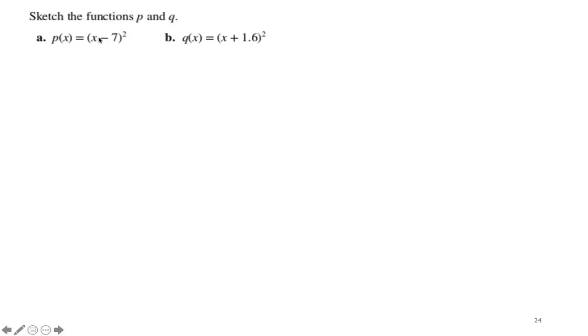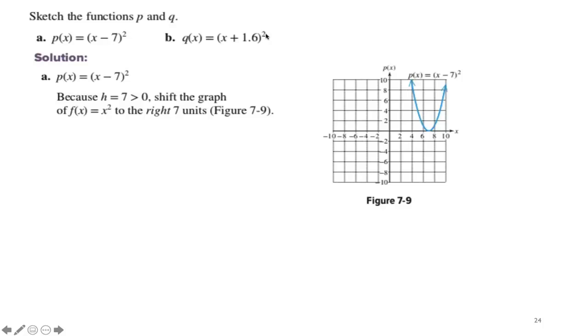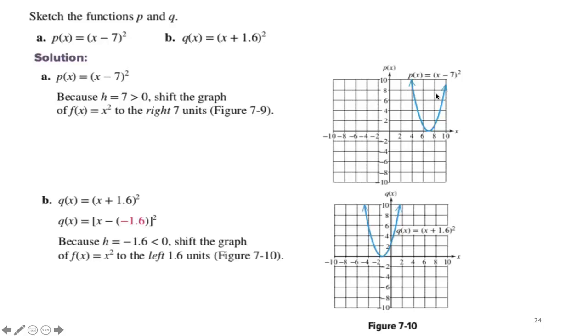Take x minus 7 squared and x plus 1.6 squared. I take the original function, x squared, and move it right by 7. If it's minus 7, I go to the right side; it's opposite. So x squared normally is like this, and I move it to the right by 7. In the other case, if this is a plus, then I'm actually moving left by 1.6.